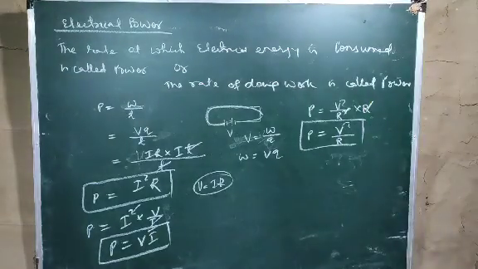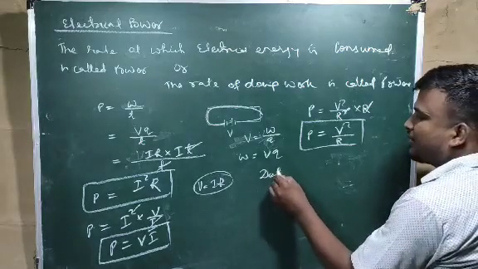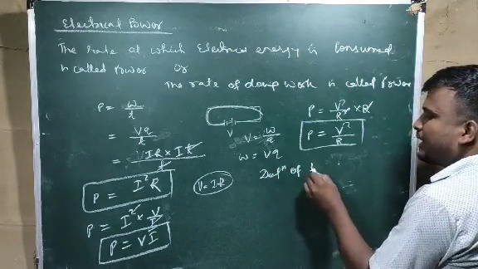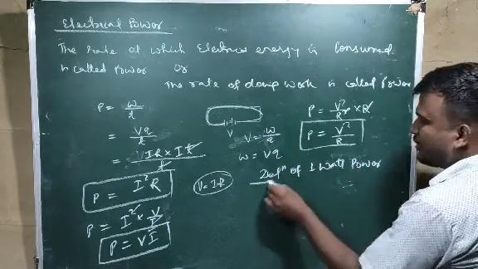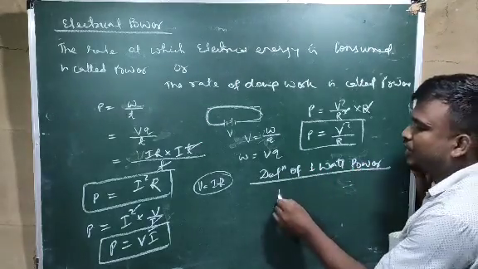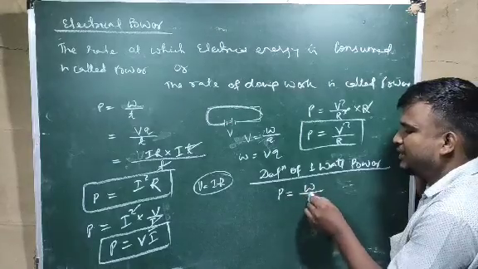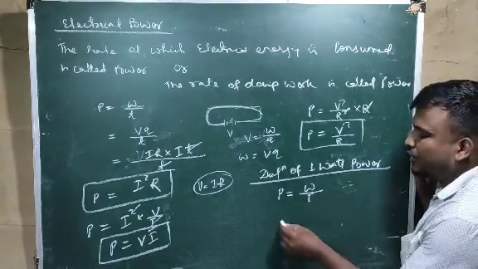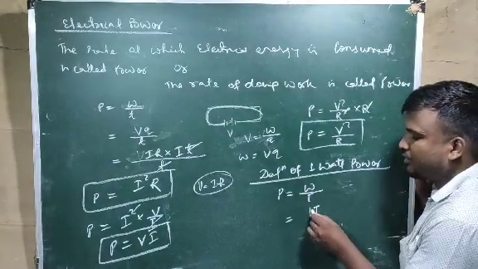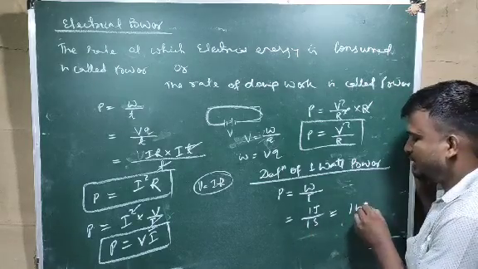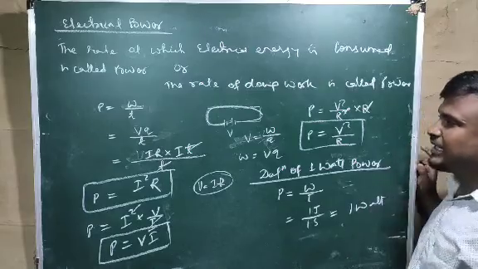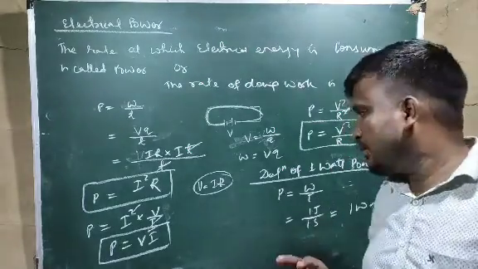Now, the definition of 1 watt power. You see, power is equal to W by T. So if work equals 1 joule and time equals 1 second, then the power will be called 1 watt. The SI unit of power is watt, W-A-T-T.